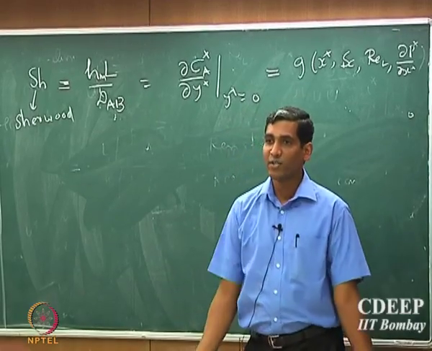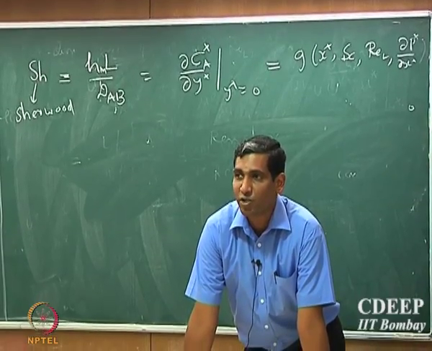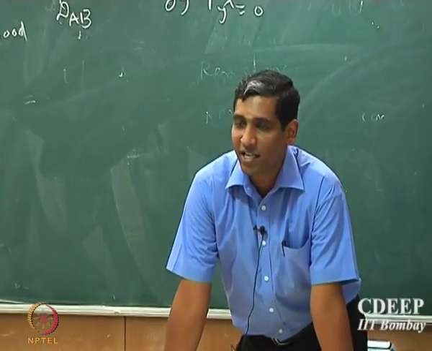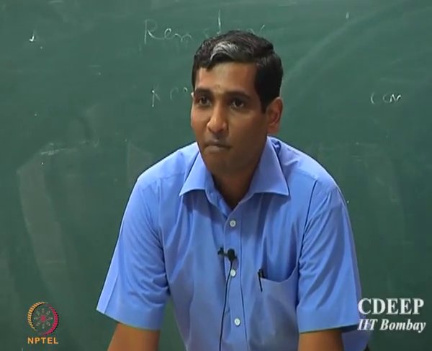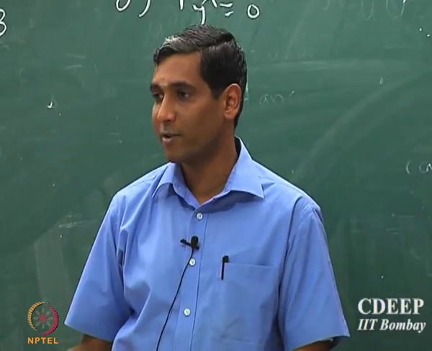Once again, it defines the ratio of the resistance to mass diffusion in the fluid phase, divided by the resistance for mass transport due to the presence of convection from the solid phase to the fluid phase. Okay.